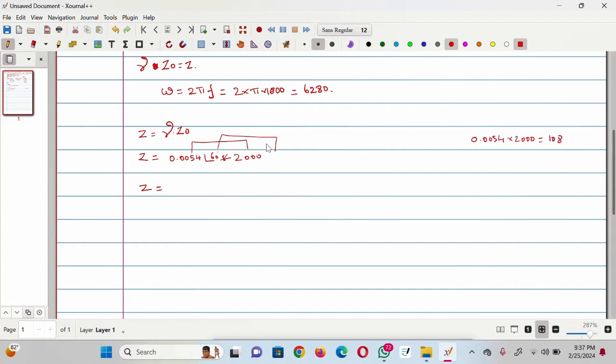Then for the angle, we take the difference between the two angles. Here 60 degrees is available, and for the real number there is no angle, so consider it as 0 degrees. The difference of the two angles goes into the imaginary portion.